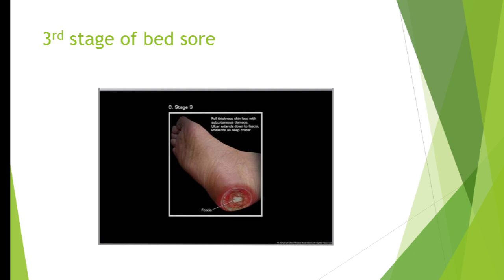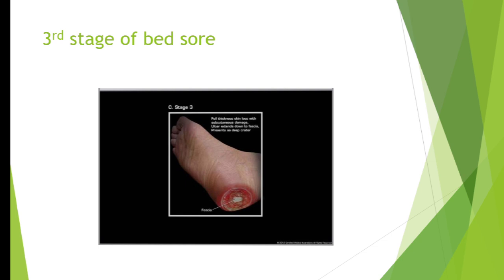Same procedure we can follow with this also. Clean the ulcer with normal saline and prescribed solutions, any type of solutions. Apply appropriate dressing, hydrocolloid, foam, alginate and medicated as per the stage.